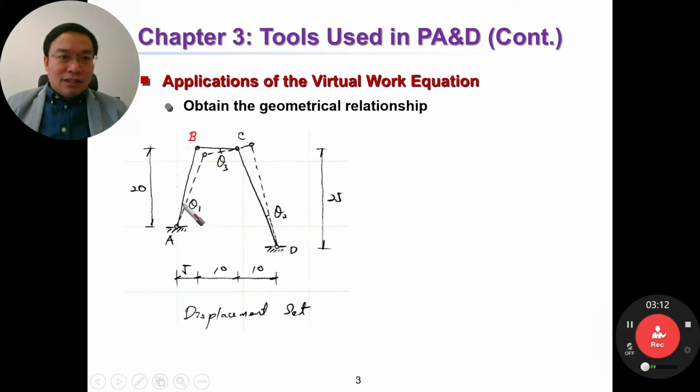Let's say the rotations are theta 1, theta 2, and theta 3. And remember the dimensions. The height is 20.